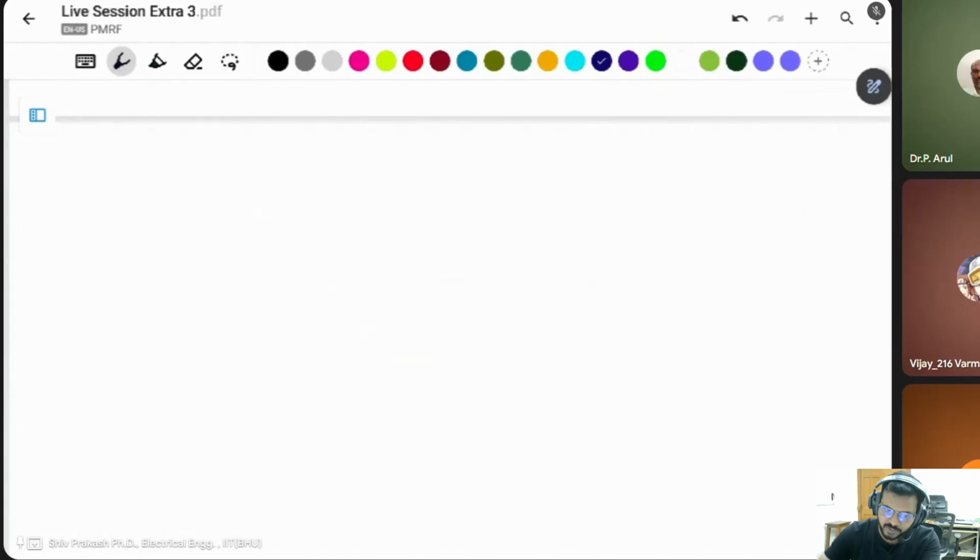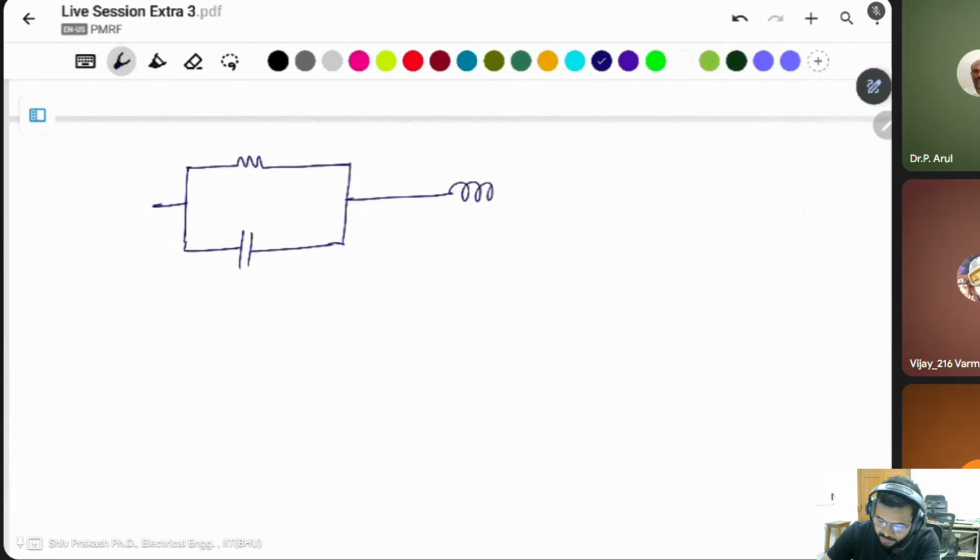How can you solve this? By using the phasor method. A series parallel capacitor and resistor combination. Then there is a current of 5 ampere and the voltage across it is 100 volt, 50 hertz is given.